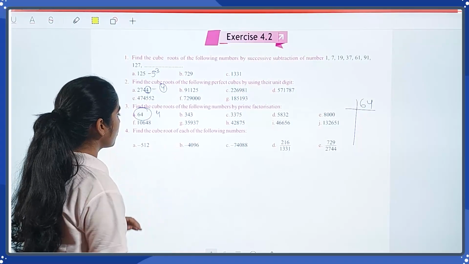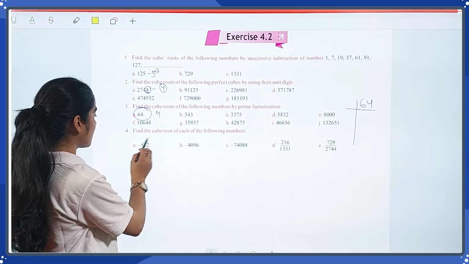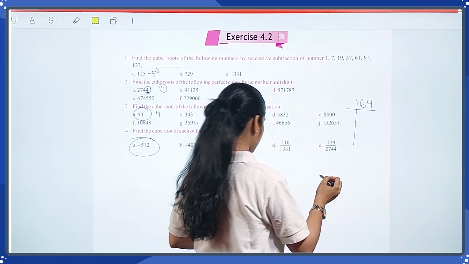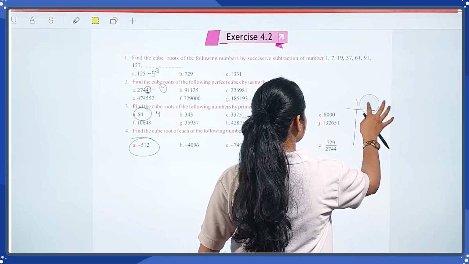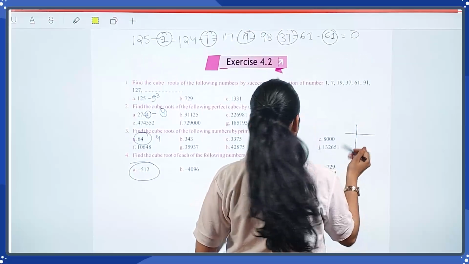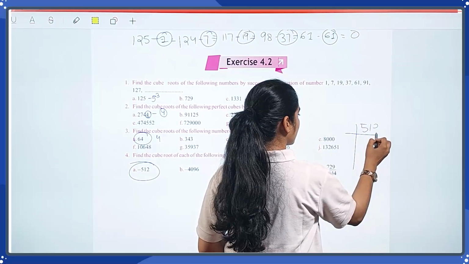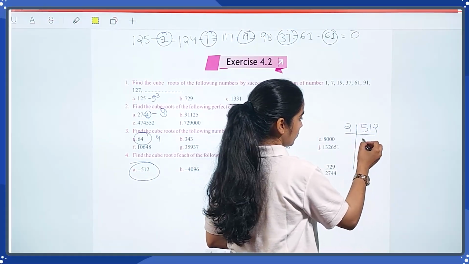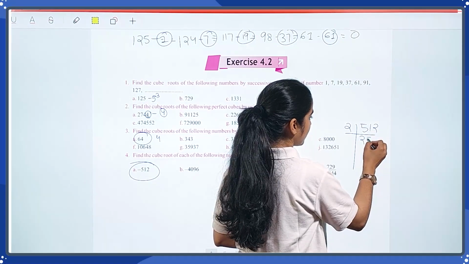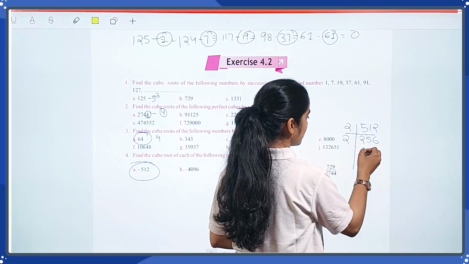Now find the cube root of each of the following numbers. This is your question, which is 512. Dividing by 2 repeatedly: 512, 256, 128, 64, 32, 16, 8, 4, 2, 1.